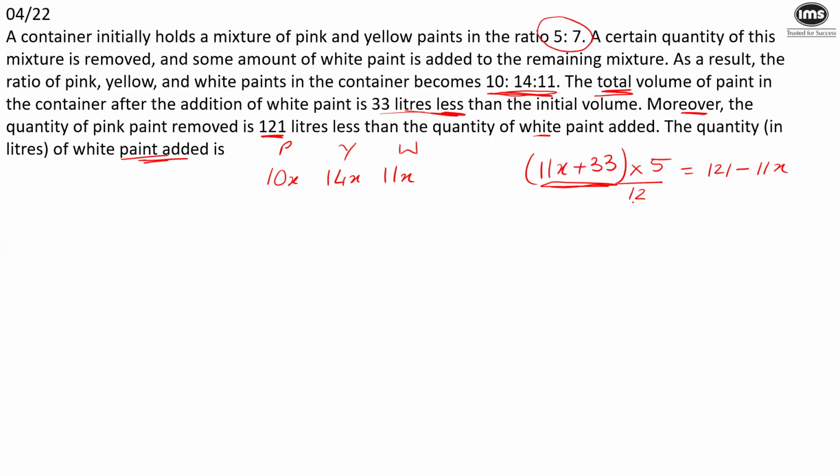This is equal to white, which is 11x, minus 121. Numbers look a little difficult, but everywhere there is an 11, so we can cancel out an 11. Cross multiply, take the 12 to the right hand side.